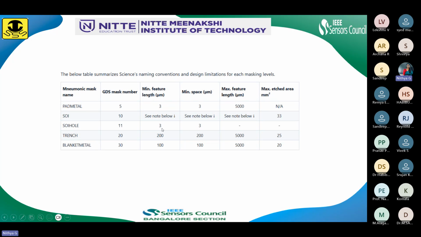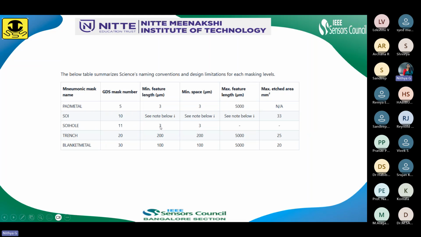That means we can go as small as 3 micrometer, be it thickness, width, or length, provided they are of highly sensitive design. So that means we have to have that 3 micrometer for better results, better analysis. Only then it is better to go with the 3 micrometer.